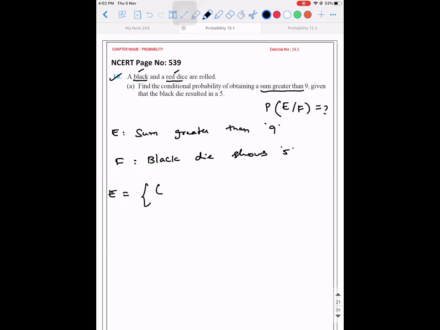So 4, 6, then 6, 4, 5, 5, 5, 6, 6, 5, 6, 6. We didn't miss anything. So the sums are 10, 10, 11, 11, 12.